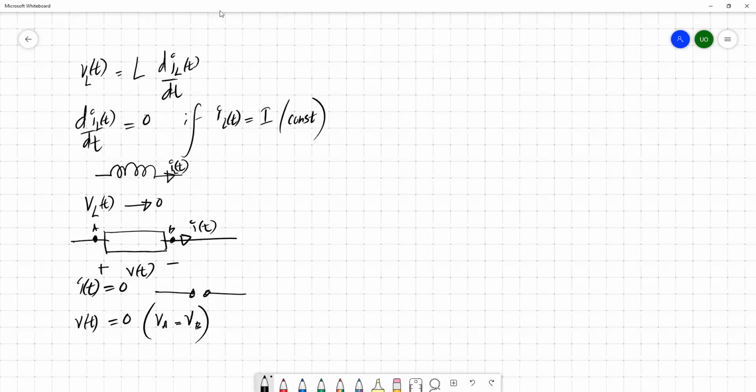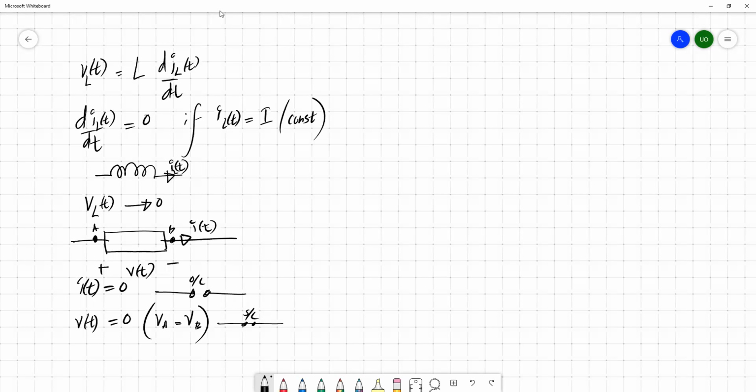If these two nodes have the same potential, you can simply treat it as a short circuit element. You can just connect them through a zero resistance wire. So it is basically short circuiting.